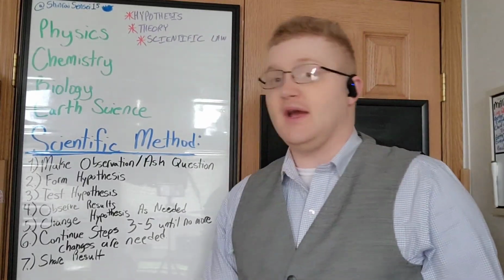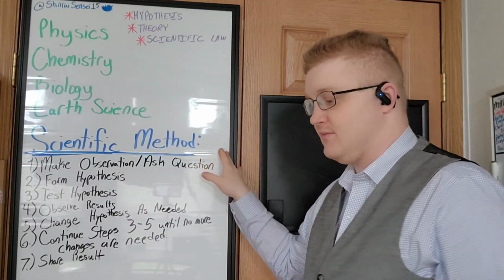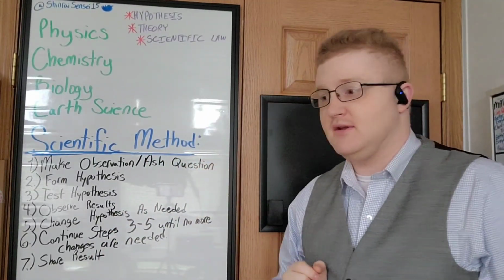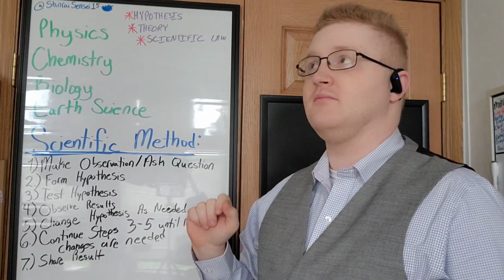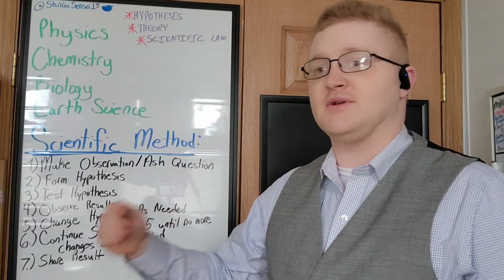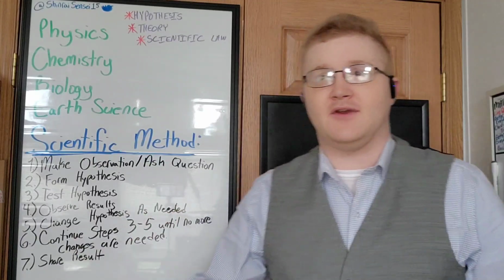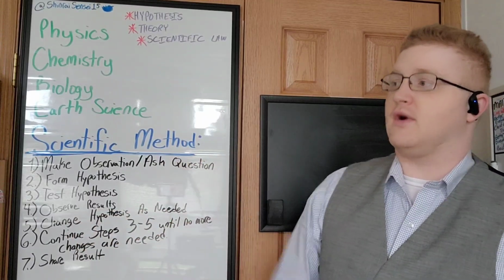So, next we're going to cover the scientific method. So the scientific method is a basic path to follow for inquiry into observations that you make about everyday occurrences or even some more rare occurrences.